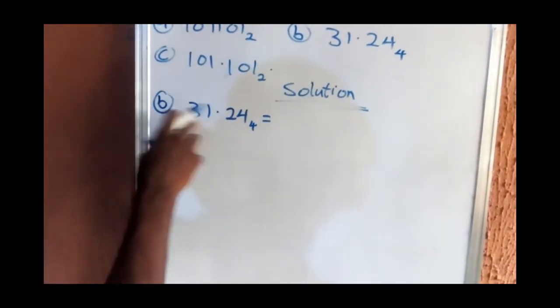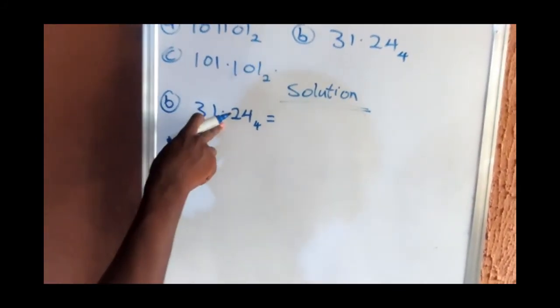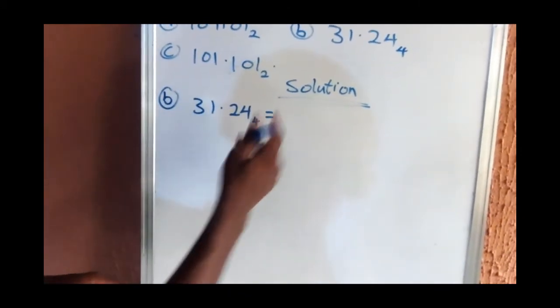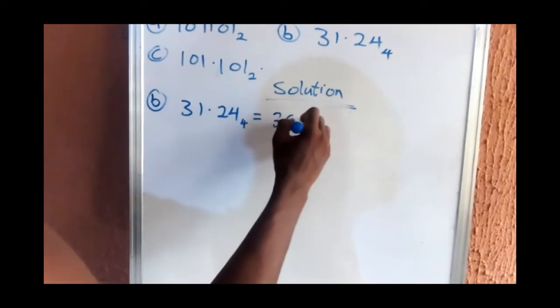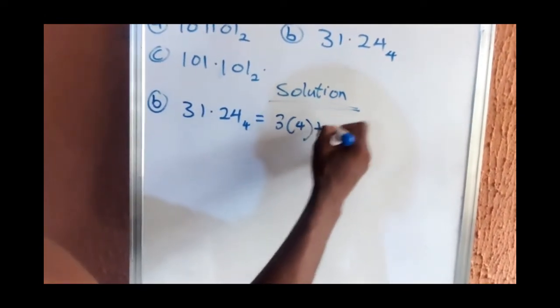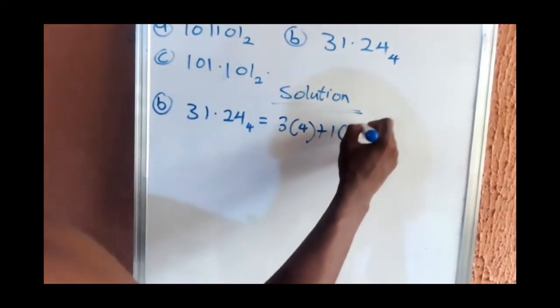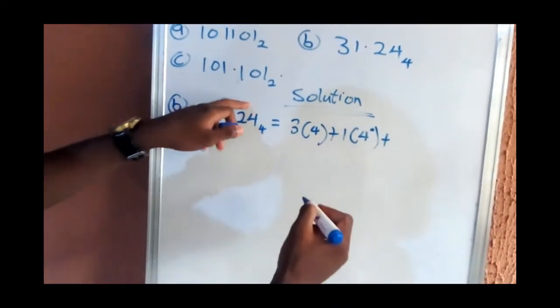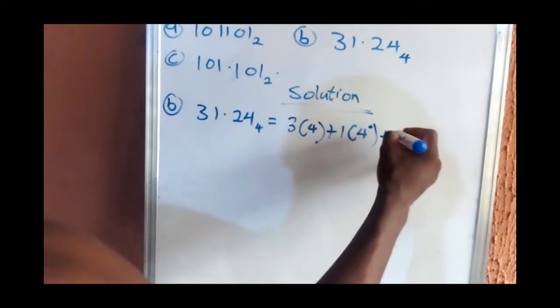And then there are two numbers here, which means the highest power will be 1. So this is 3 into 4 raised to power 1 plus 1 into 4 raised to power 0. Because this is a decimal point, it means the power here will be a negative sign.